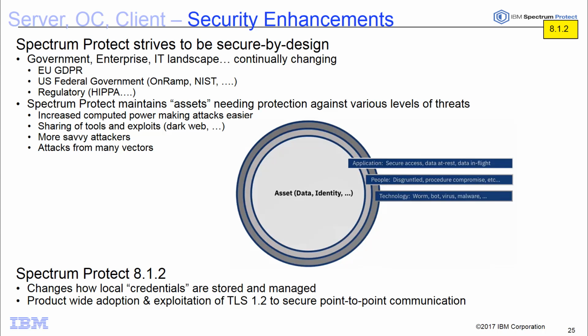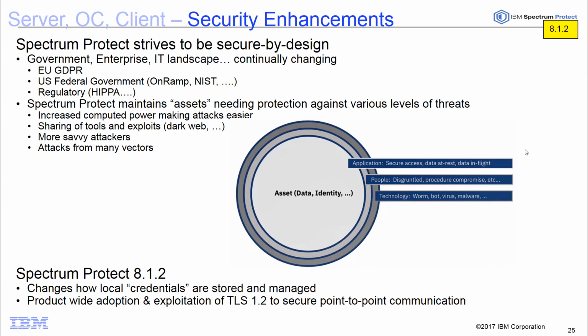that have a lot of say in how data is being secured. Spectrum Protect is maintaining assets that have to be protected. These assets include identification information, and they include the data that we're storing and protecting. So we need to be able to protect those assets inside of Spectrum Protect against various levels of threats. This might be, for instance, an application where we need to make sure we give them secure access and that we are protecting both data at rest as well as data in flight.